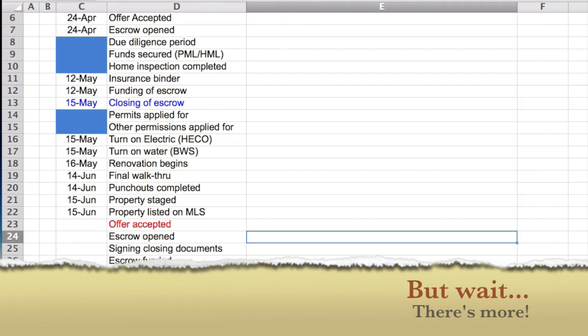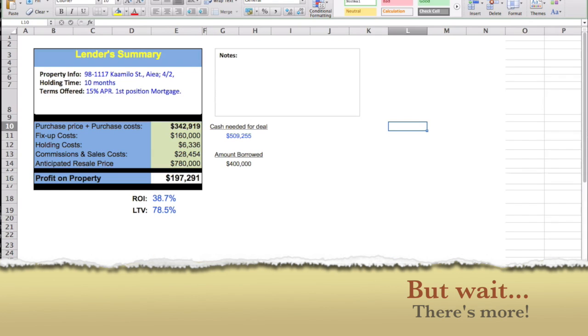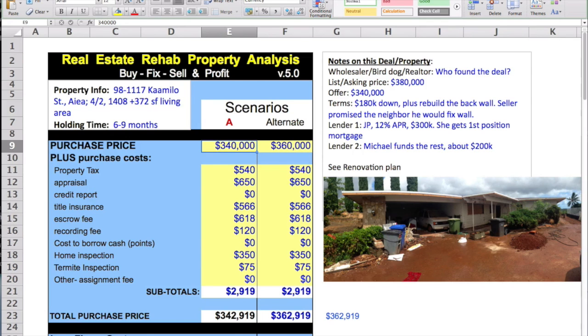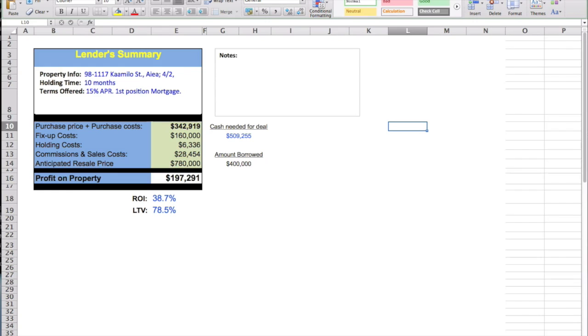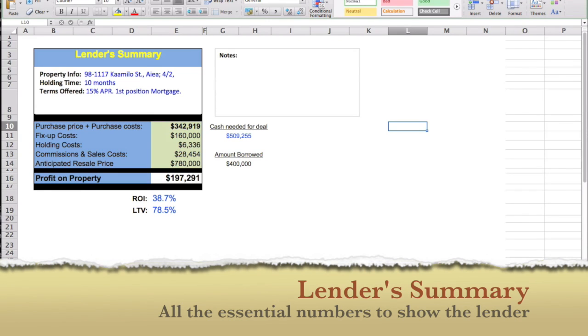There's a couple of other tabs in here too, a lender summary, and where you can keep the comps that you used. Okay. And here on this tab there's a lender summary tab also. And so what you've got here is, if you're going to run an analysis on your deal and then present a summary to a prospective lender, that's what this is for.